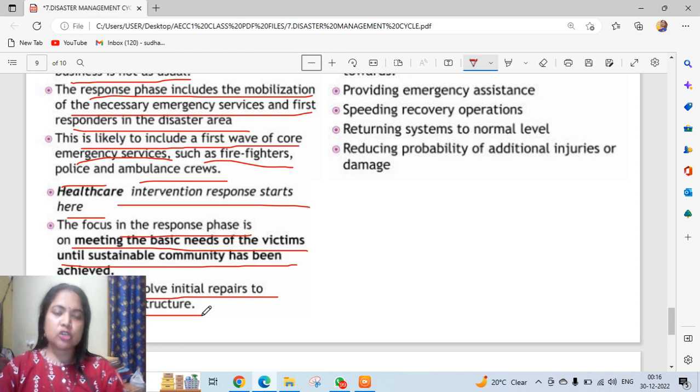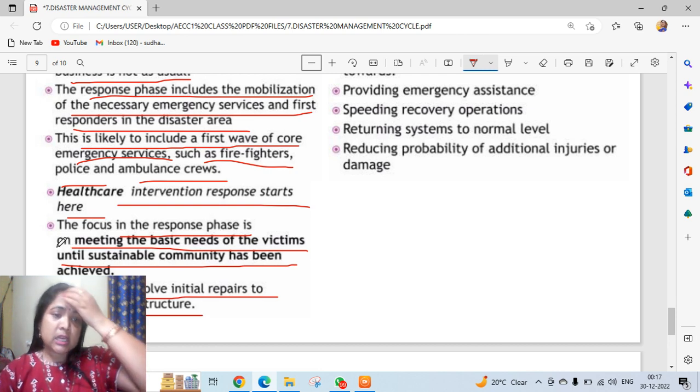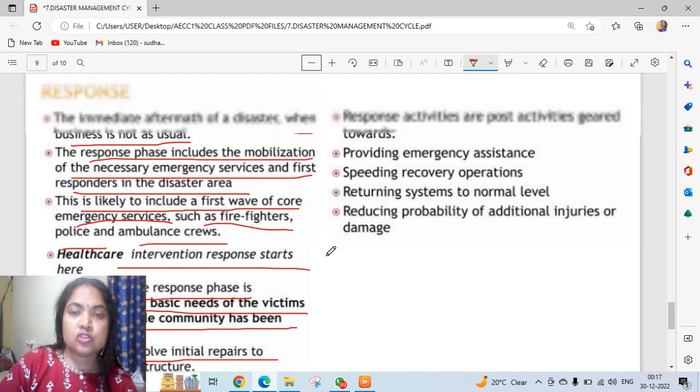During the disaster, damage will occur to properties like buildings, and to government properties like electrification, water supply, sanitation, and the communication system, meaning roads will be blocked. Immediately these things need to be cleared, hence the initial repair to damaged infrastructure.